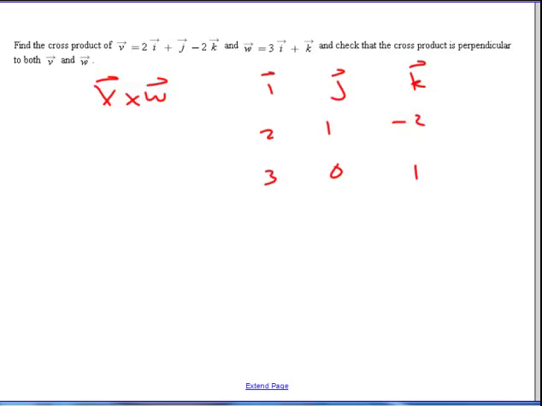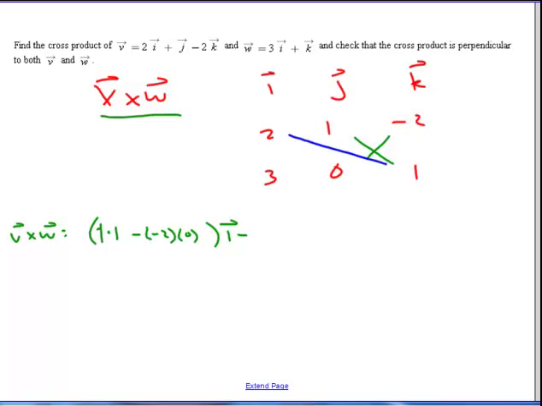So when we're doing v cross w, for i, we're looking this way. So it's 1 times 1 minus negative 2 times 0, i. Minus, now we're looking at the j term, so we're looking at this and this.